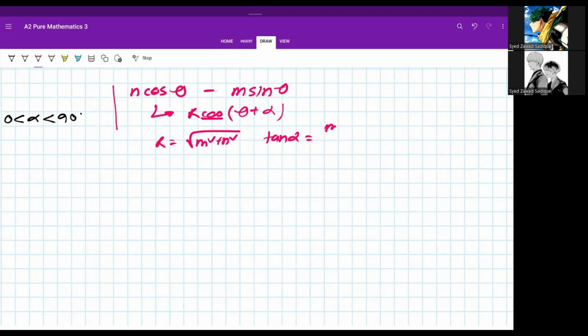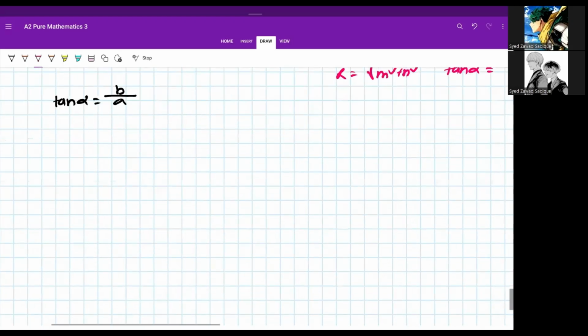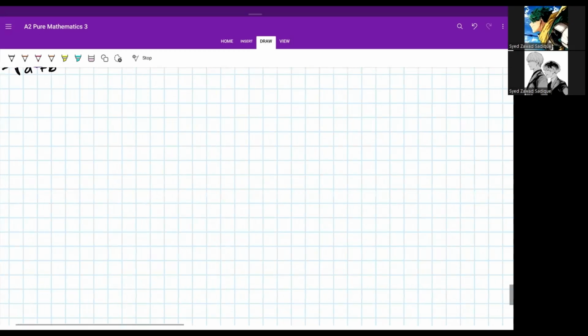So that is m. And a is the one that is with the cos value. So that's n.